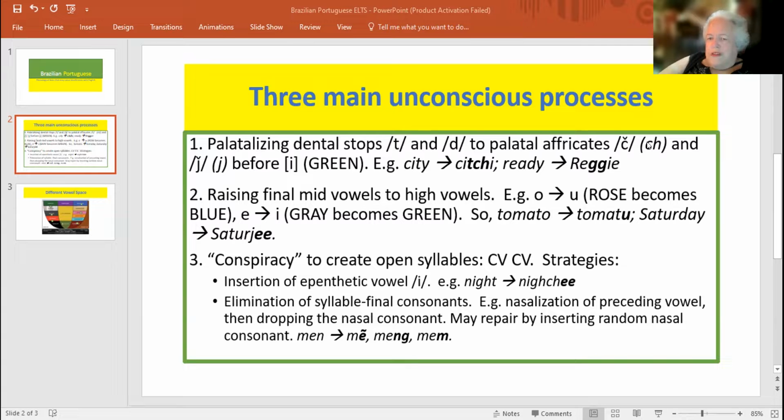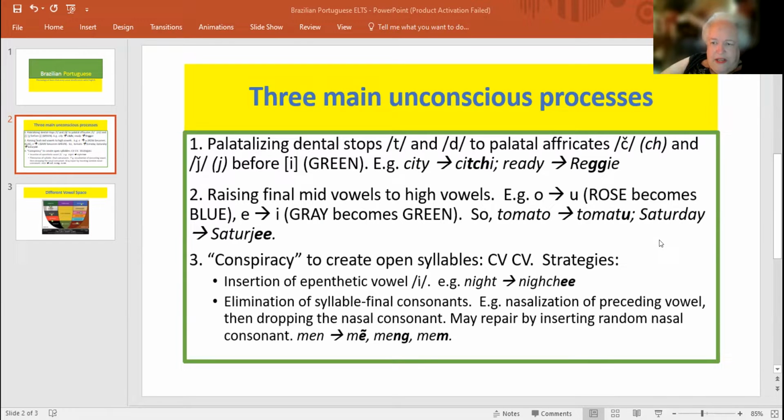So tomato might become tomato, where Saturday might become Saturday. And notice that this new vowel e also makes the palatalization happen. So Saturday would become Saturday, and therefore by rule 1, Saturday. Okay.